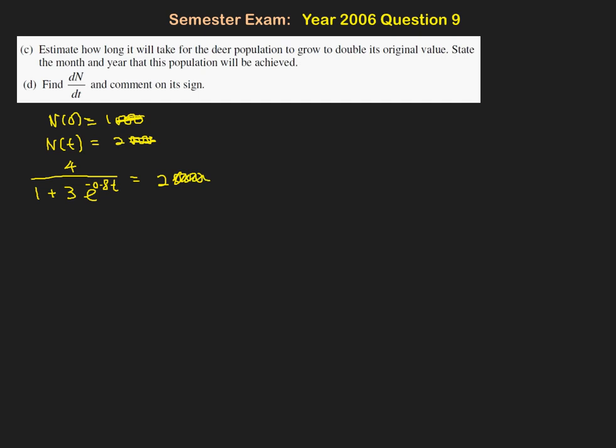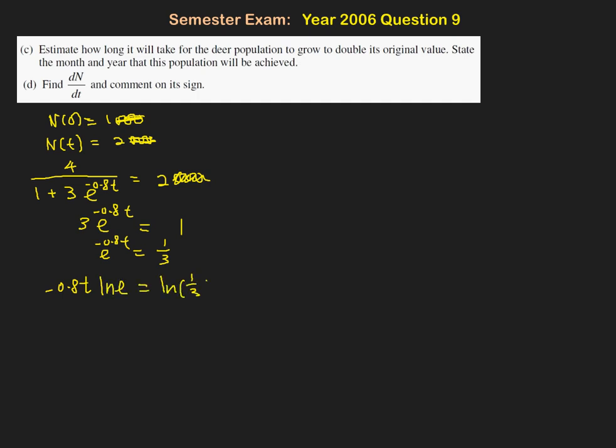And if you work on your calculation, you get this equivalent to 1 eventually. Okay, just do the usual calculation, the algebra, and you end up with e to the power of negative 0.8t equals 1/3. Taking ln both sides, you end up with t ln e, so ln 1/3.